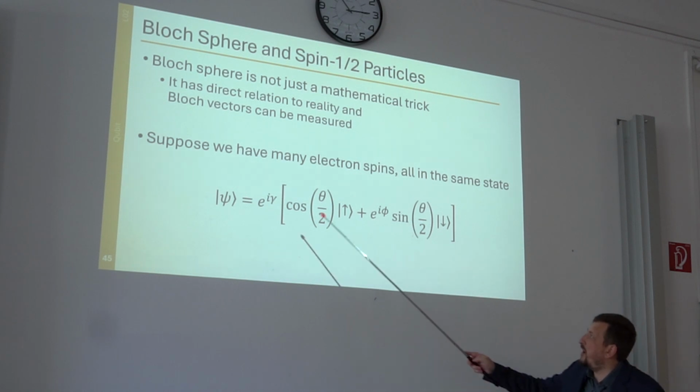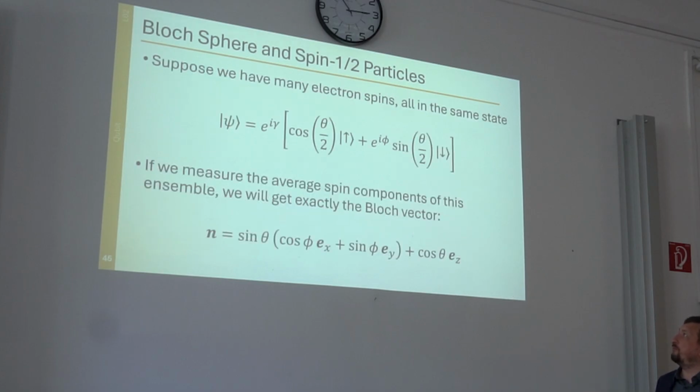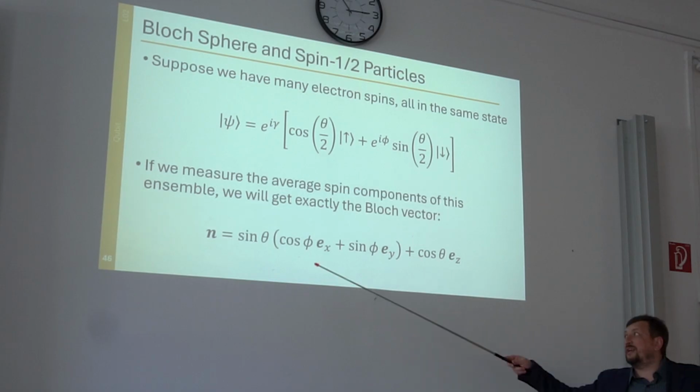So we have many spins in this state, an ensemble, so we can do classical measurements. And we measure the average direction of spin for such an ensemble of electrons. What will we get as a result? We will get exactly the Bloch vector.